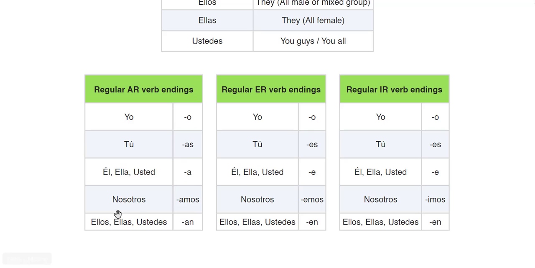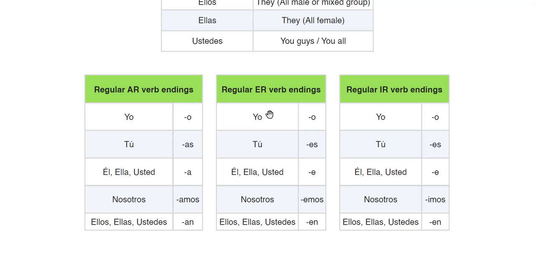Remove the AR, put the amos. If I want to say they or you guys or you all are doing that action, remove the AR at the end, replace it with AN. Okay? The endings for ER verbs, O, es, e, emos, en.